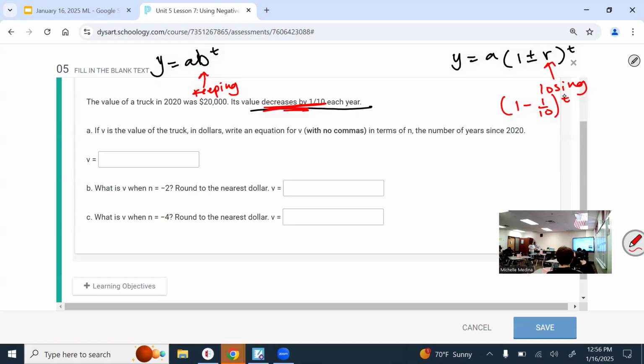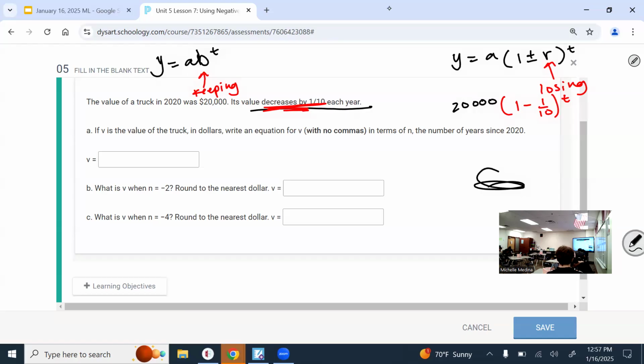And then what's my initial value? What's my A in this situation? 20,000. There's probably a few ways you could type in your answer, but I would go with the safe bet of doing the 1 minus 1/10 automatically, but we'll see what it all accepts. If it's ever actually right and it was just a formatting thing, then I can give you the point back.